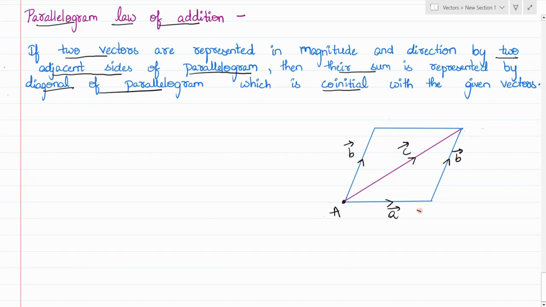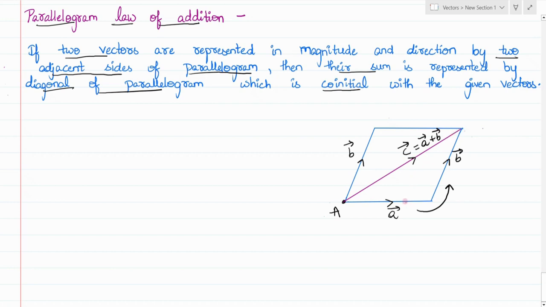Now, this is in the anti-clockwise direction, which means this is a triangle in which two adjacent sides are in the same order. Then their sum, that is C, will be in reverse order, right? So this is nothing but A plus B.